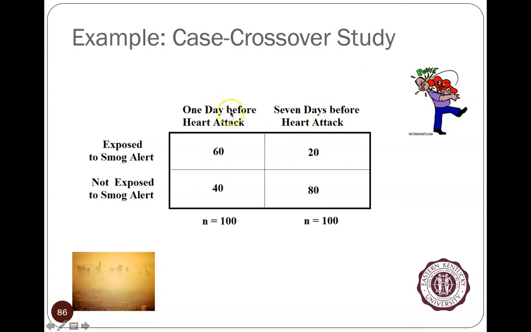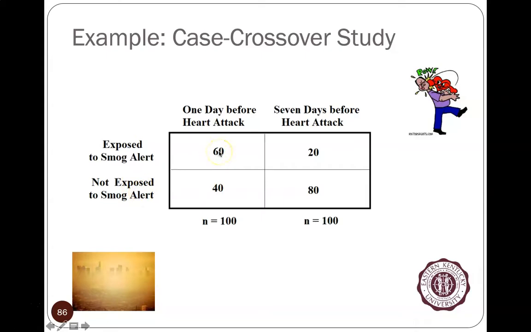So they call this case crossover. And in this example, a day before or the day of the heart attack, within the 24 hours of them having their heart attack, there was a smog alert for these people. And the other people at the hospital over different days, the day before they had their heart attack, 40 of them had no smog alert.